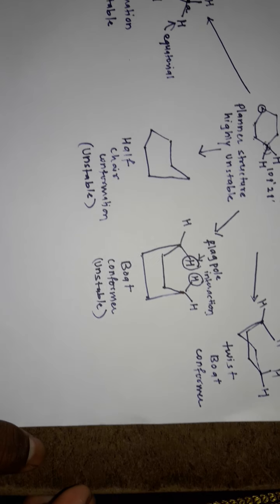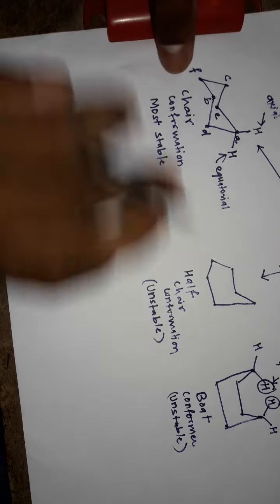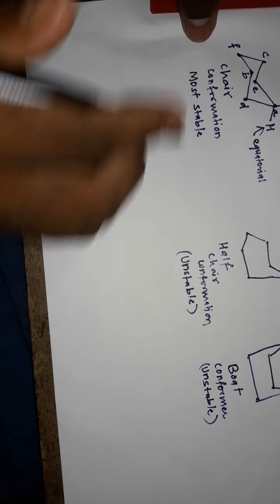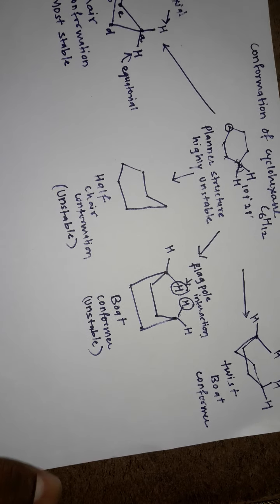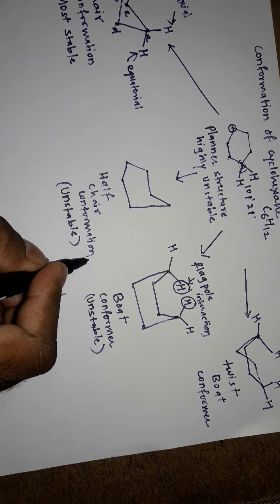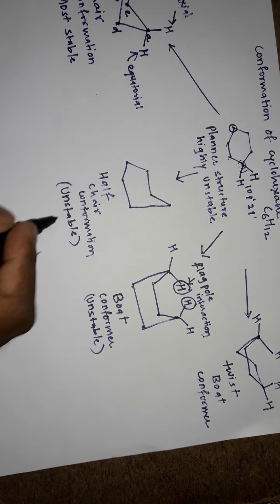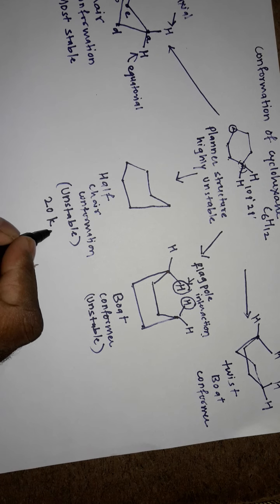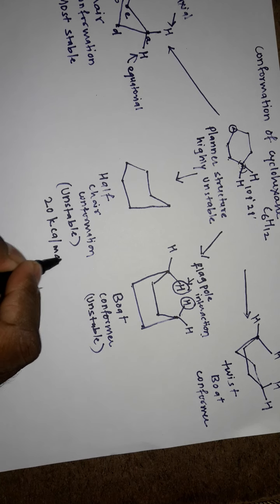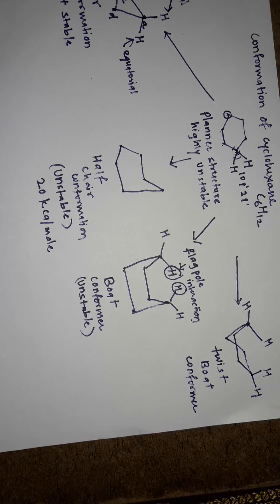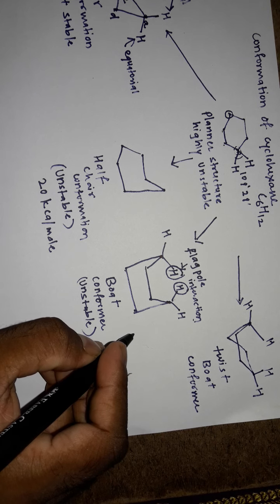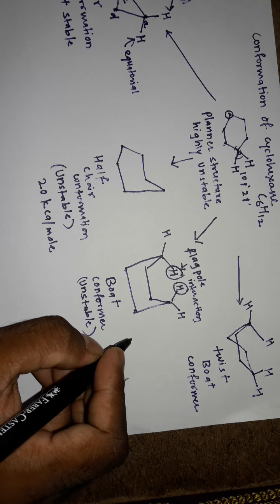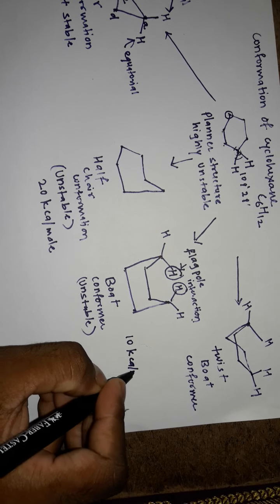So if I am talking about the stability in terms of numbers, then the most unstable conformer in all these 4 structures is the half chair conformer. If I want to put it in a number, let us say this is 20 kilocalorie per mole, then this one will be, let us say, 10 kilocalorie per mole.